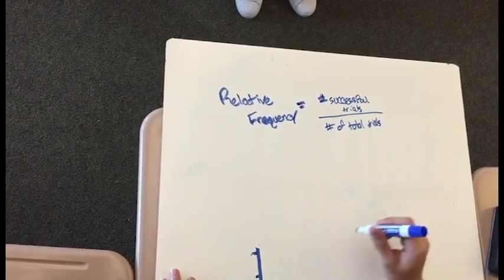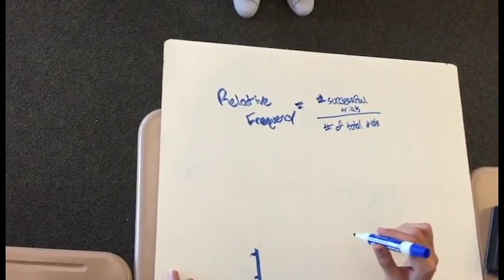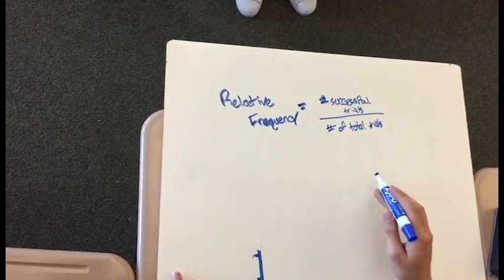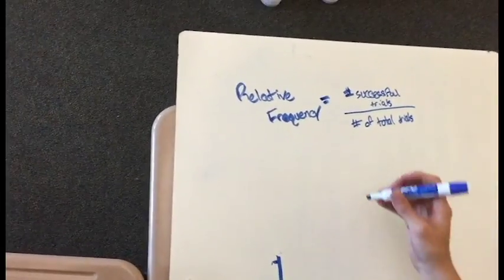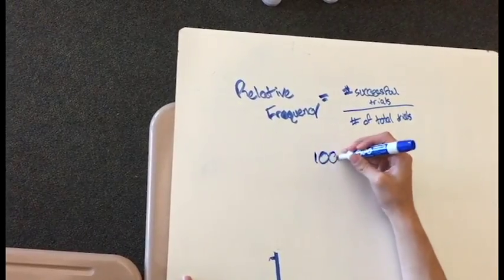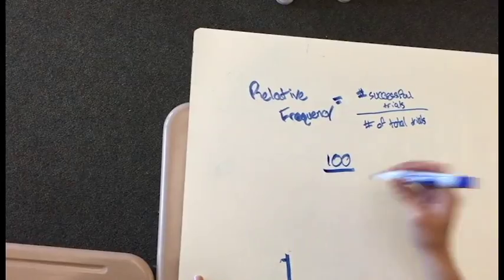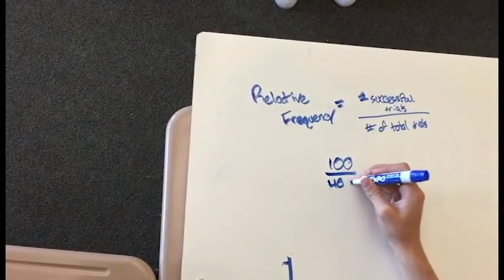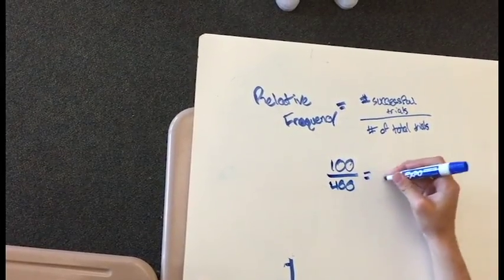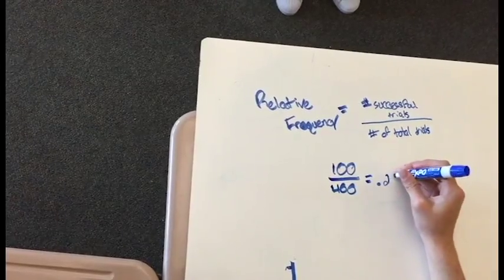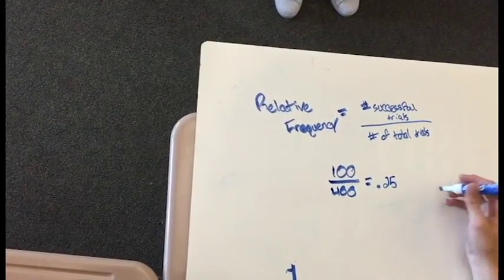So, for example, the relative frequency of $1 to $10 books being sold is going to be 100. And in that table, we had 400 books total that were sold. So we're going to divide that by 400. That's going to equal 0.25. All right.